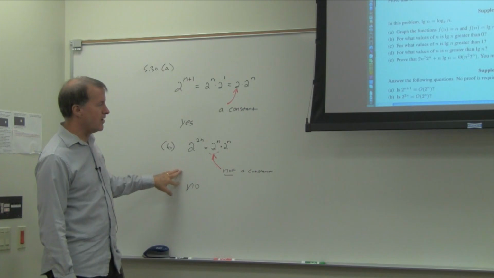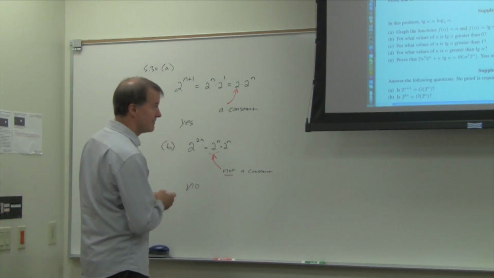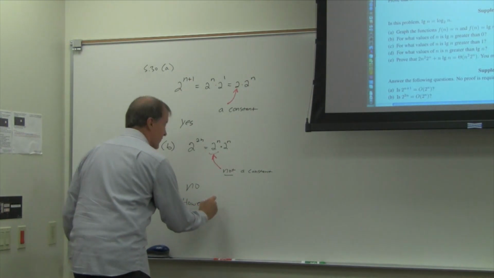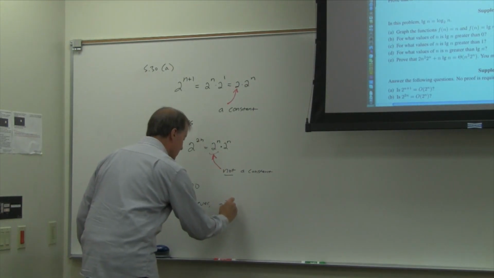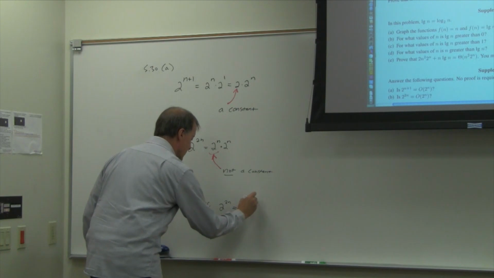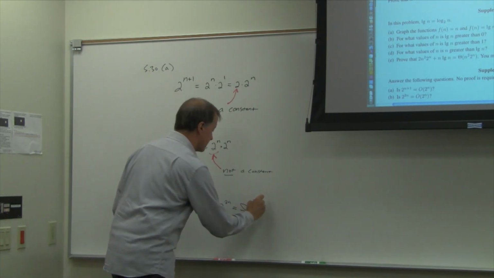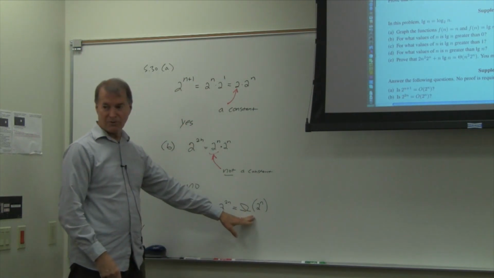It's not big O. Is it big omega? However, what I claim, 2 to the 2n is big omega 2 to the n. In other words, it is bounded below.